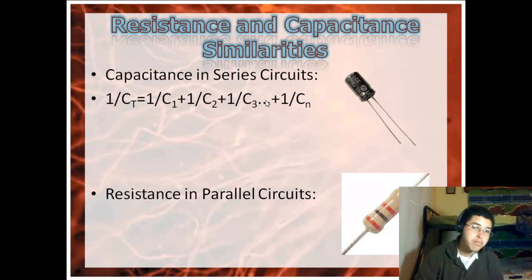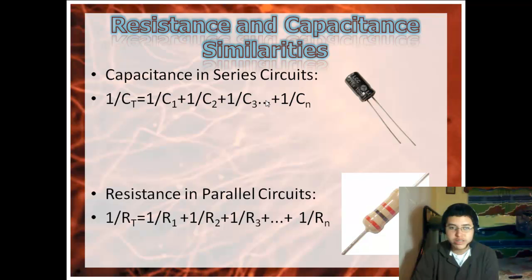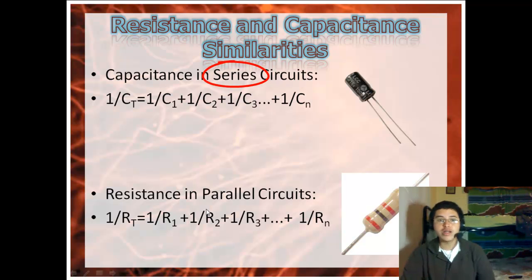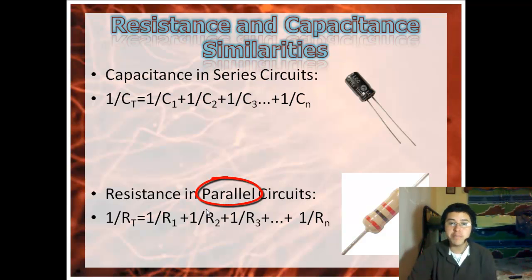Now for resistance in parallel circuits, we note that the total resistance equals the reciprocal of 1 divided by the first resistance plus 1 divided by the second resistance plus 1 divided by the third resistance, continuing for all resistances in that system. Now we must note that this formula for total capacitance only occurs for series circuits, while this formula for total resistance only occurs in parallel circuits.